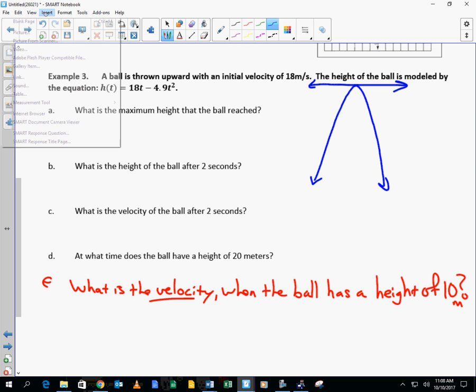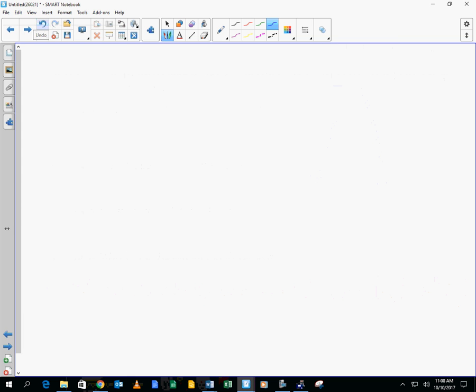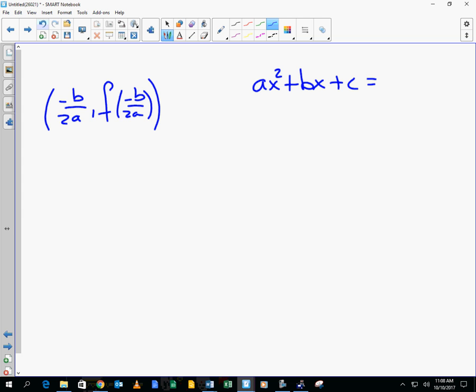Now, I'm going to show you something. Hopefully this will kind of bring some things together for you. It's pretty cool. But do you remember using this as a formula, negative b divided by 2a? Okay, just hold on, watch this. Okay, so that could be the equation for any parabola, right?